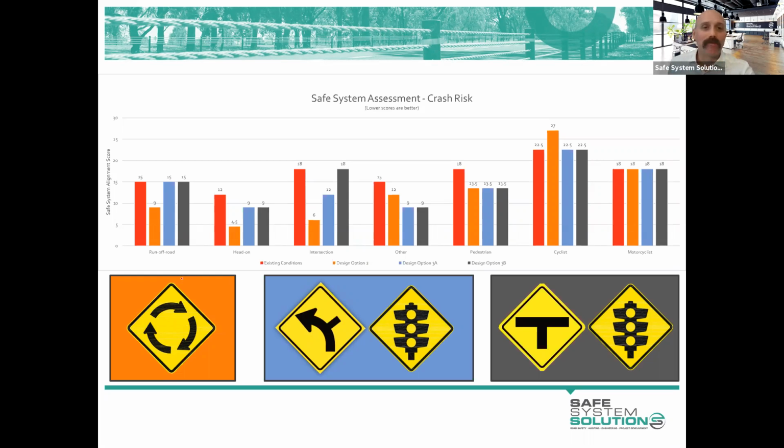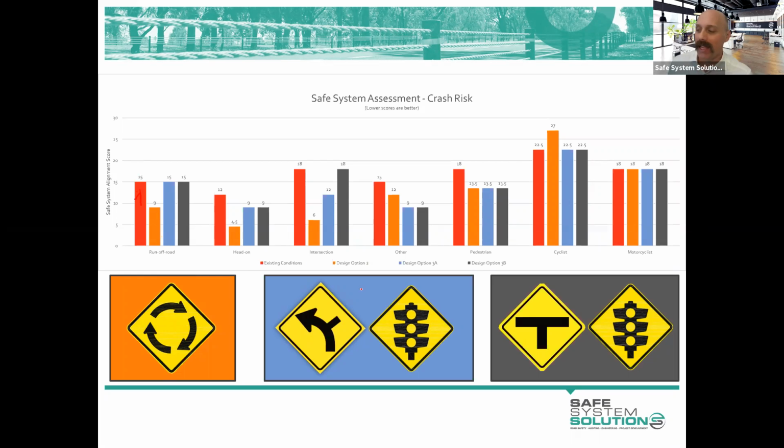Now, I've just picked a random project here, a safe system assessment that was done. And what we see here is these red bars are the existing conditions. The orange are looking at a design for a roundabout at this location. The blue is looking at a design for a set of traffic signals with a modified T-style intersection.